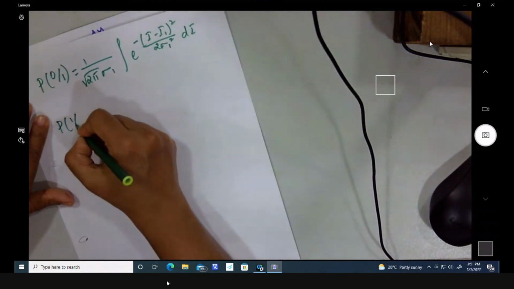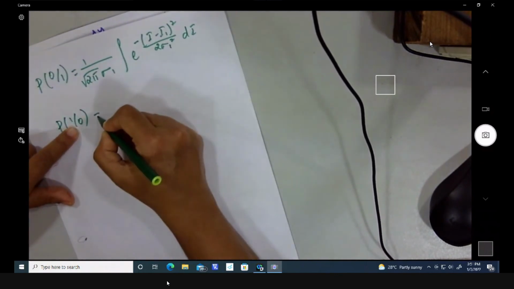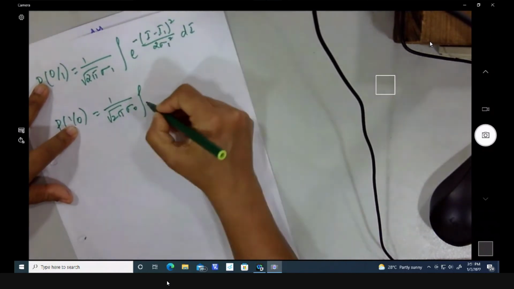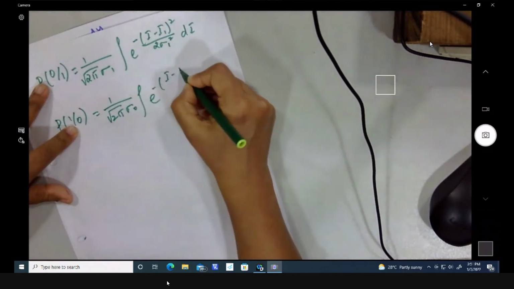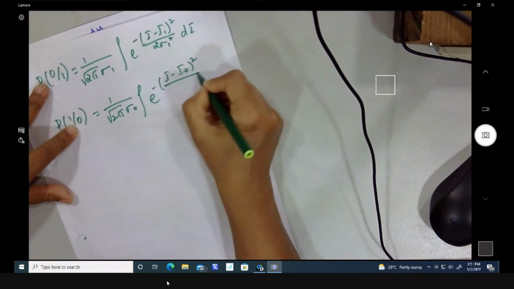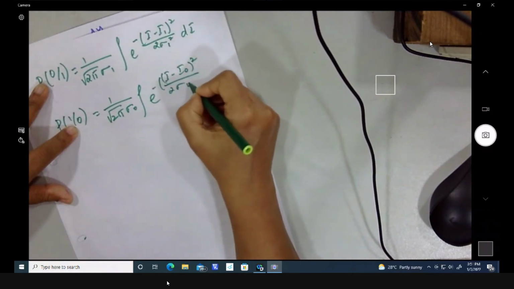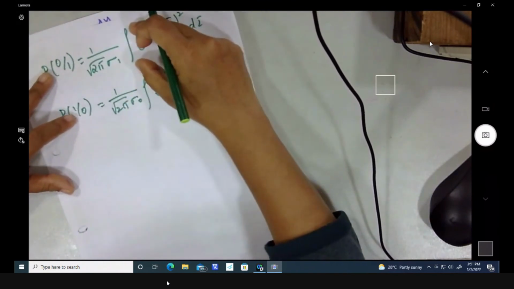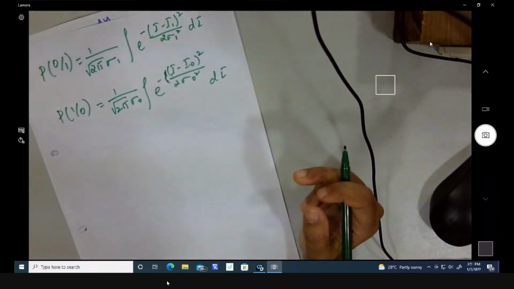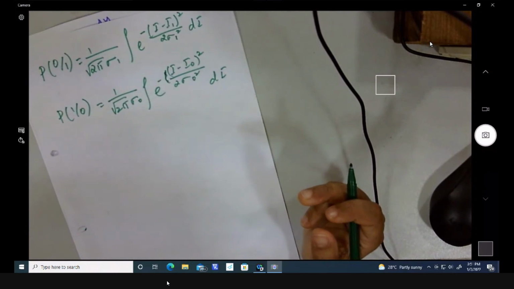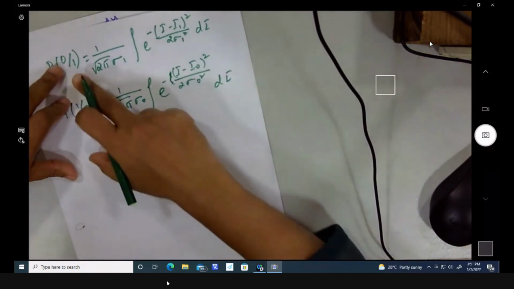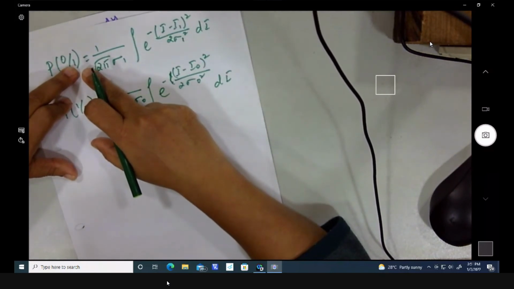Similarly, I'll write 1 detected in 0 transmission: 1 divided by root 2 pi sigma naught, e to the power of minus (I minus I0) whole square over 2 sigma naught square dI. So can you tell me the integration limits? Actually here, 0 is detected when 1 is transmitted.